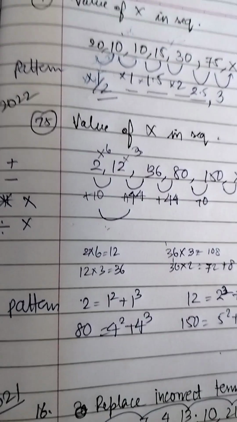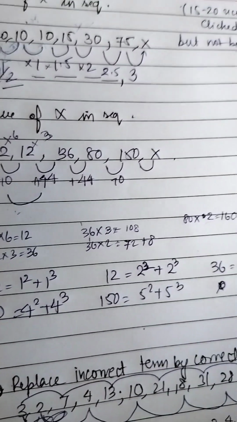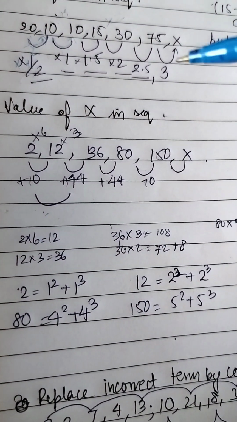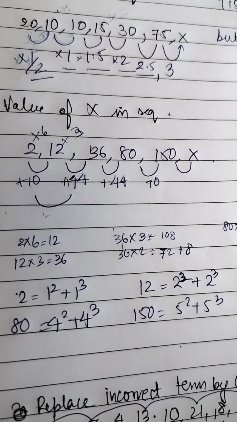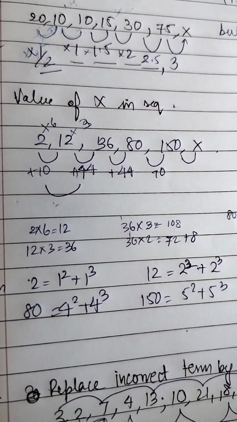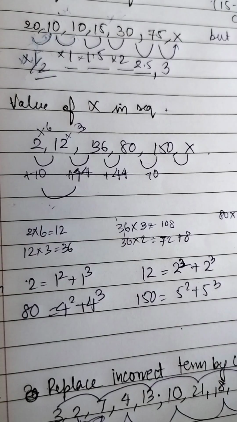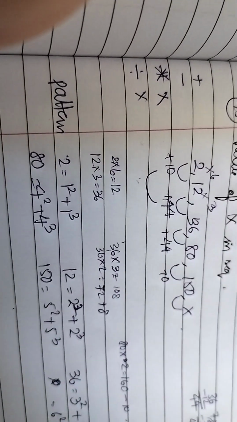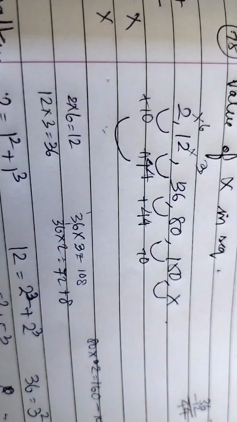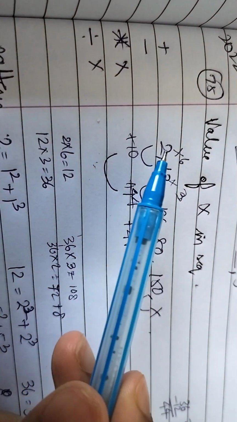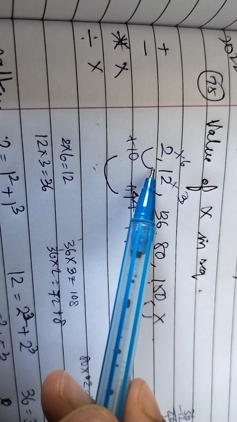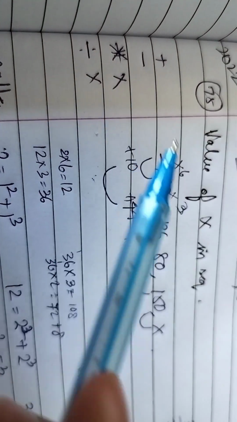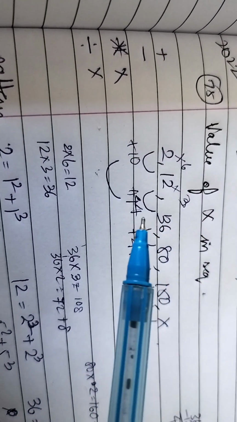Now, the second question in the same year was this. Now this one, honestly, I couldn't find it, and I had to look up the solution for this question. I tried figuring it out with addition.